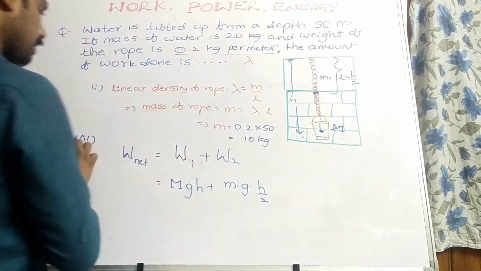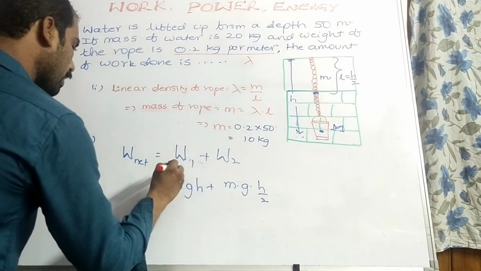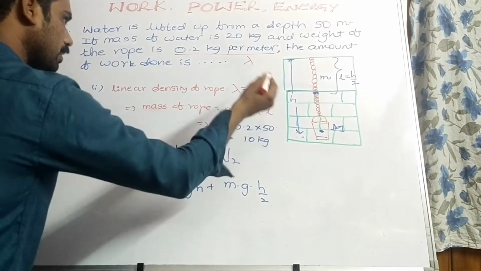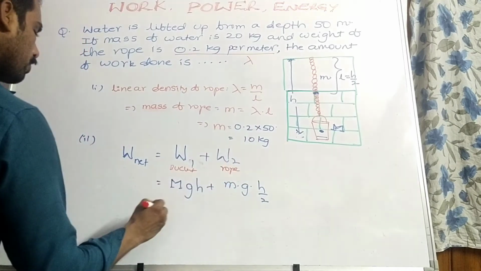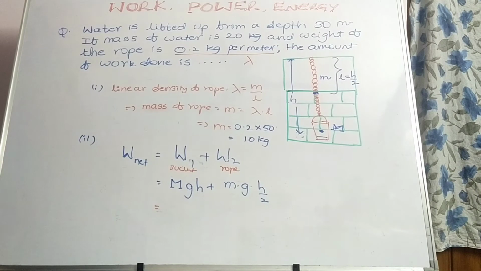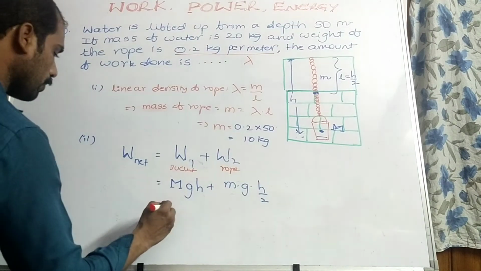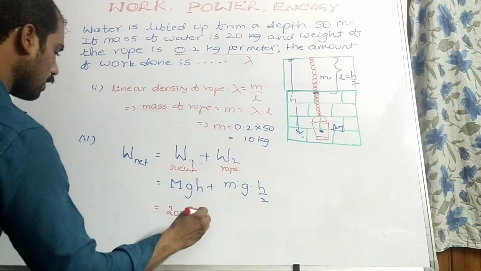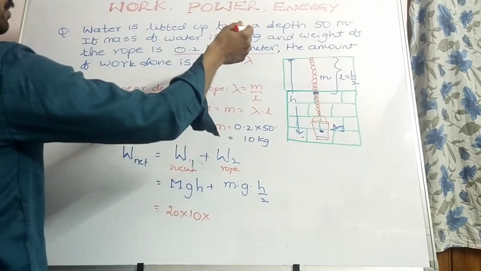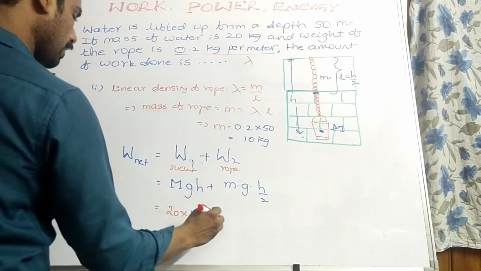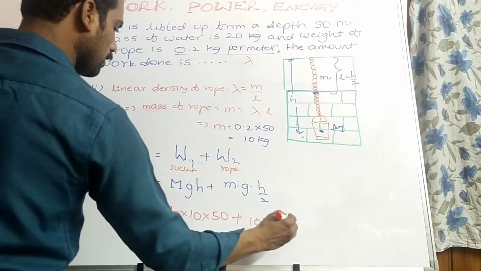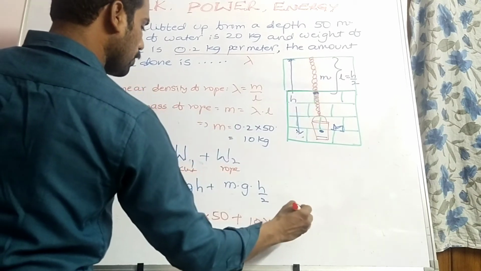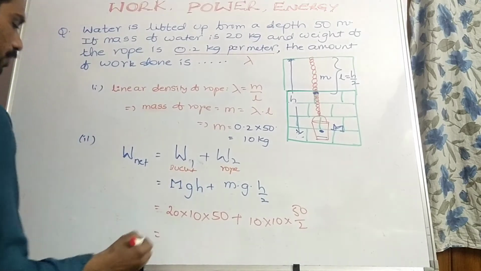This is in the case of the bucket, and this is in the case of only the rope. So that is equal to 20 into 10 into 50 plus 10 into 10 into H by 2, that is 50 by 2.